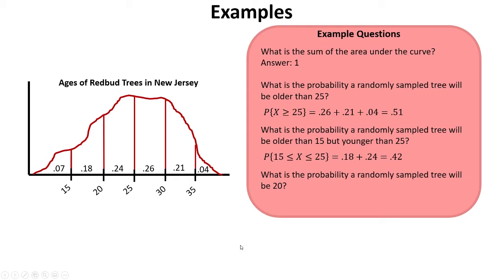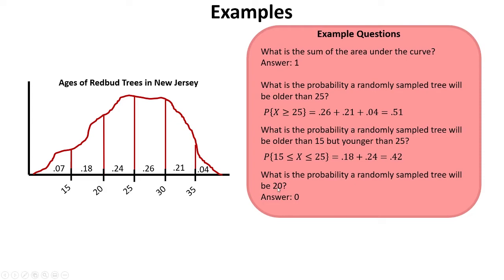Okay, here's a tricky one. What's the probability a randomly sampled tree will be 20? It's a bit unintuitive, but the answer is 0. Because if you were to say, what's the probability it will be between 19.999 and 20.01, then there would be an answer.